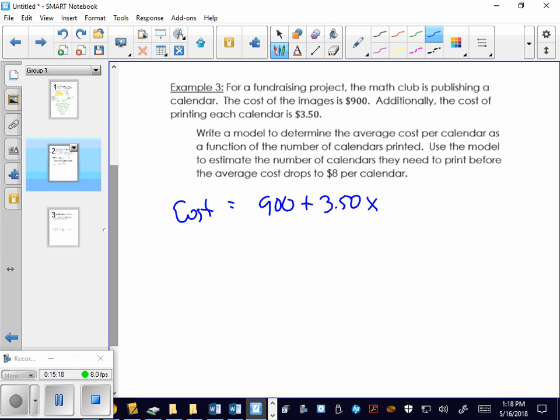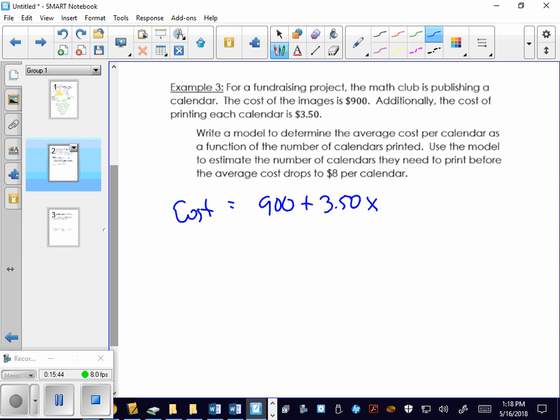What it says is write a model to determine the average cost per calendar as a function of the number of calendars printed. Use the model to estimate the number of calendars they need to print before the average cost drops to $8 per calendar. So obviously, the more calendars you can print, the average cost is going to go down.